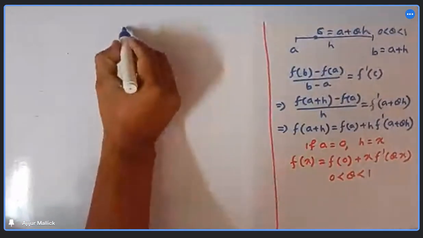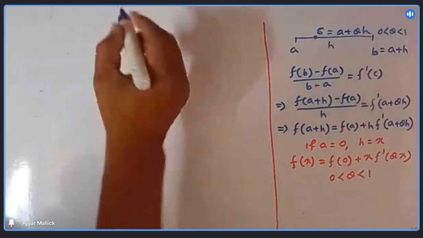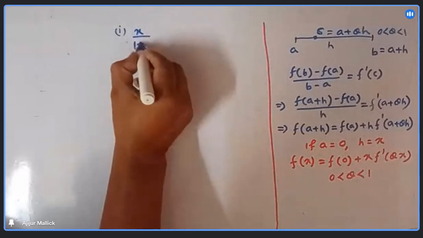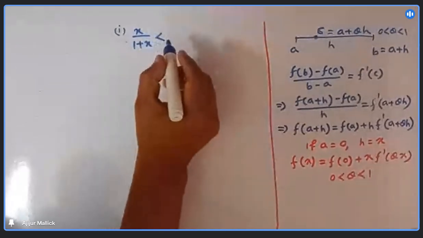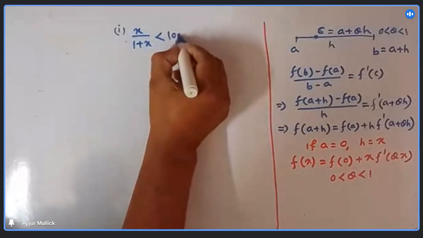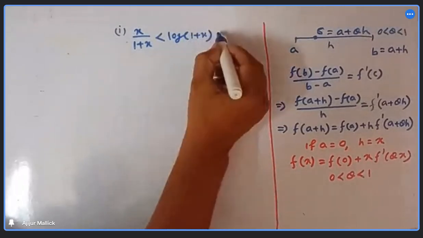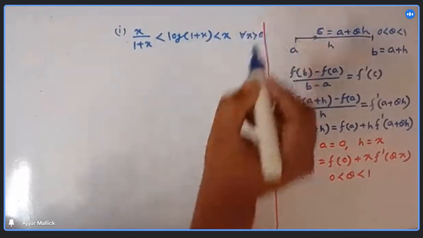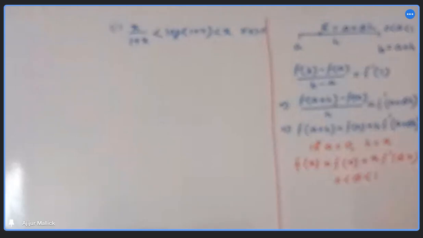First question is this: x divided by 1 plus x is less than log of 1 plus x is less than x for all x greater than 0.